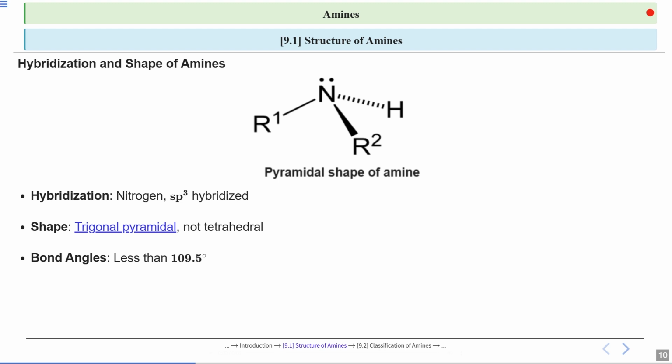These lone pairs repel the bond pairs more strongly and squeeze the bond angles closer together. So there is lone pair bond pair repulsion which squeezes it, and the angle is less than 109.5 degrees. So the hybridization of nitrogen is sp3, the shape is trigonal pyramidal and the bond angle is less than 109.5 degrees.